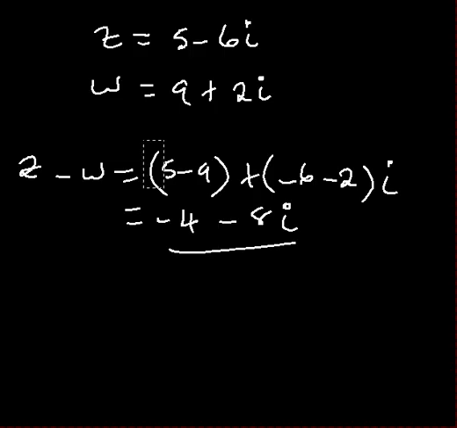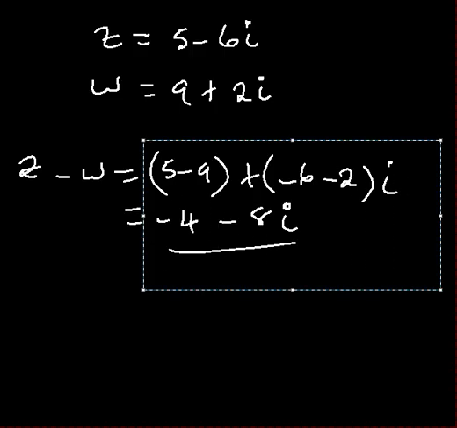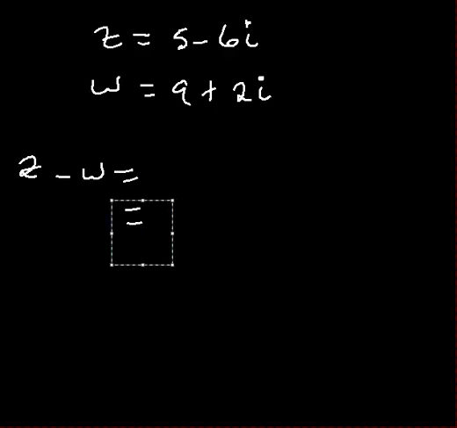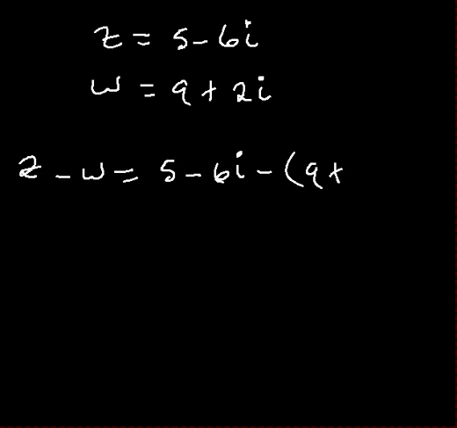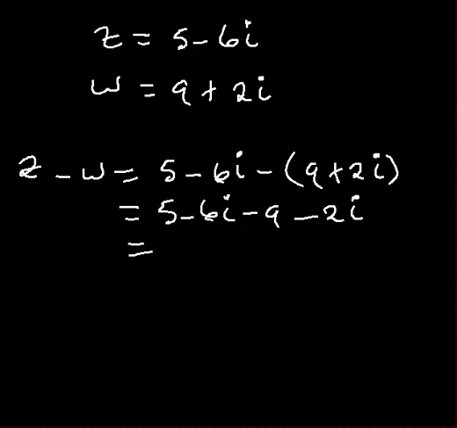Or simply, having the case like this, that is the same as 5 minus 6i, minus w, that is 9 plus 2i. If we distribute the negative, then we have 5 minus 6i, negative 9, negative 2i, which is the same as collecting the like terms.